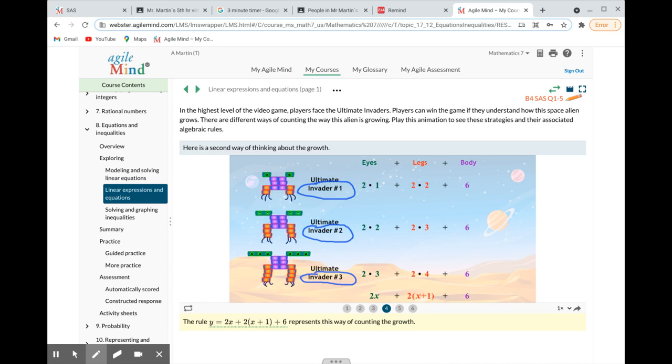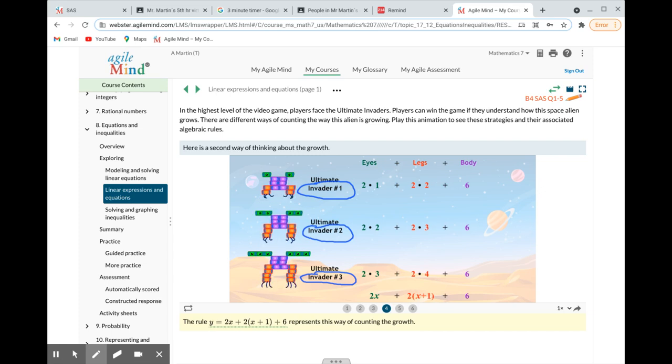All right. And so you'll notice that whatever that invader number is, if you have that invader number and you add 1 to it, that's what we multiply the legs by. And it gives you how many legs that we have in all, because we're going to multiply it by the number of squares that are on the side.